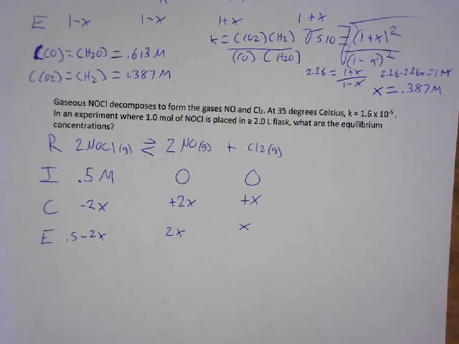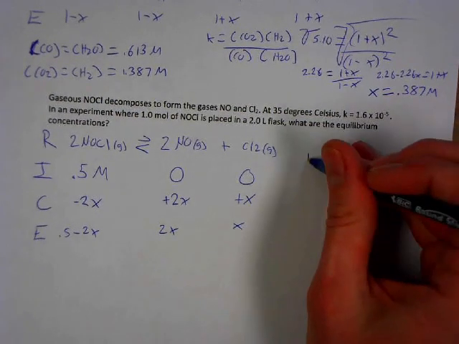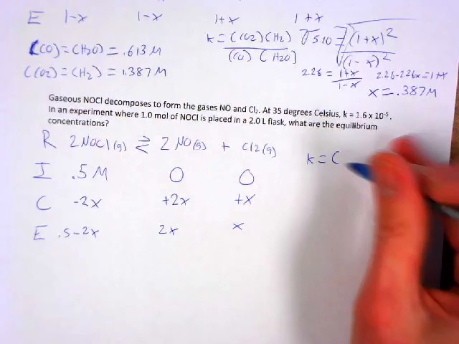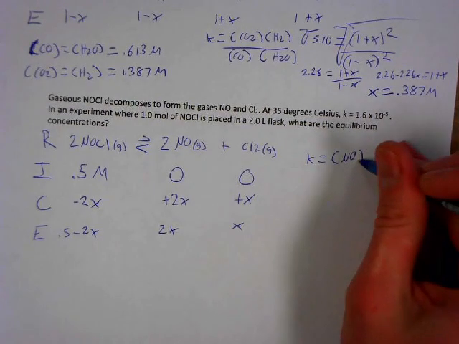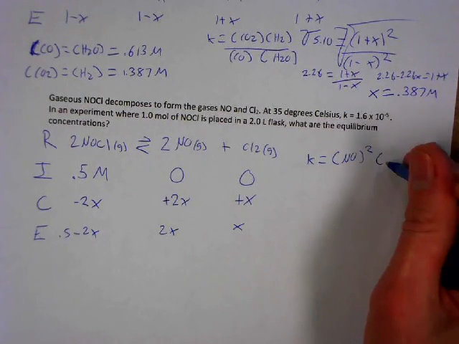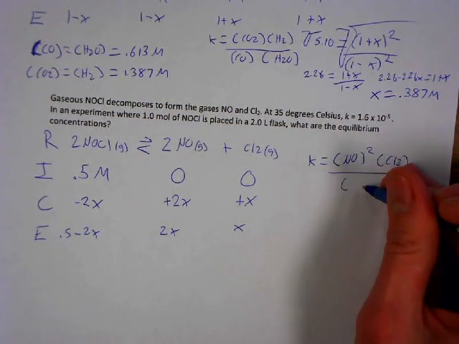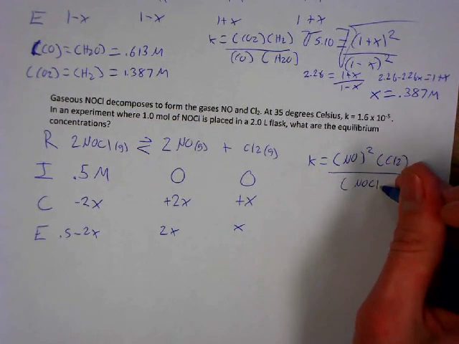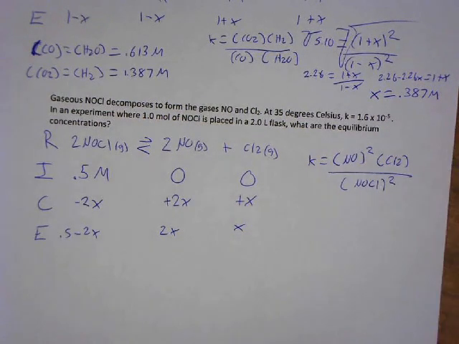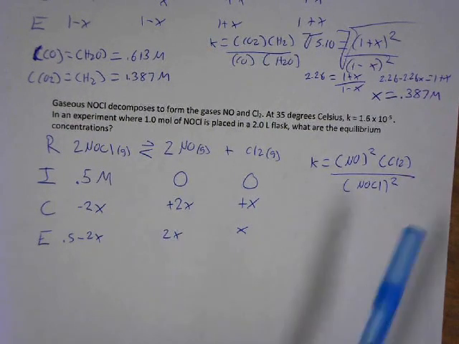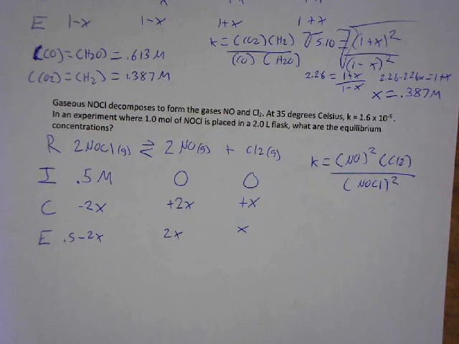Okay. Equilibrium: 0.5 minus 2x, 2x, and x. So I have my equilibrium. Next step is write my K expression. K equals parentheses NO squared times parentheses Cl2 over parentheses NOCl squared.